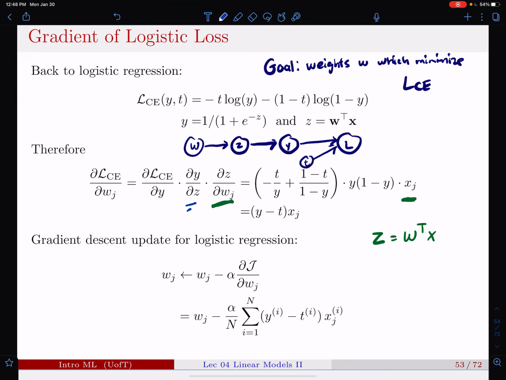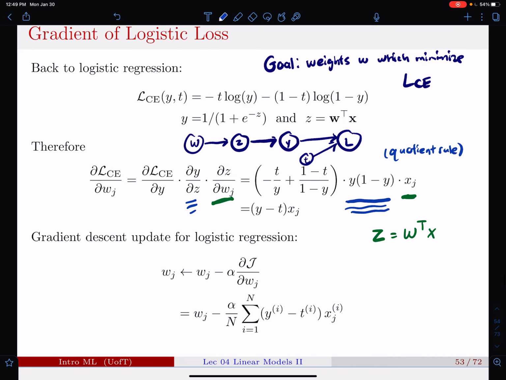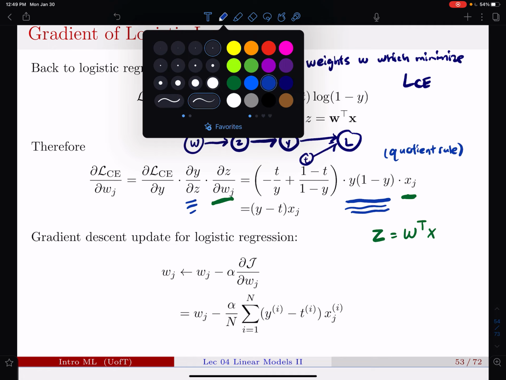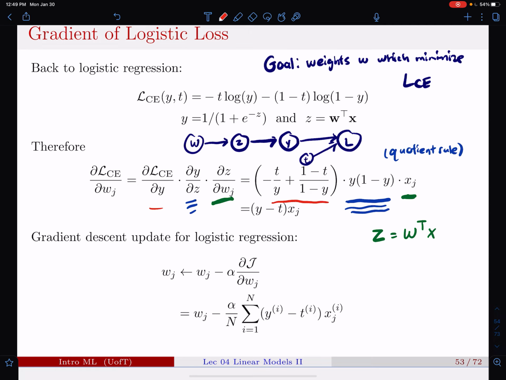This term here is a little bit more involved. It says we want to find how y changes with respect to z, and then you have to use the quotient rule. It's more involved, but you should be able to do it using what you know from single variable calculus, and it should be derived in the lecture notes as well. And finally, we have the first term, which isn't too bad.